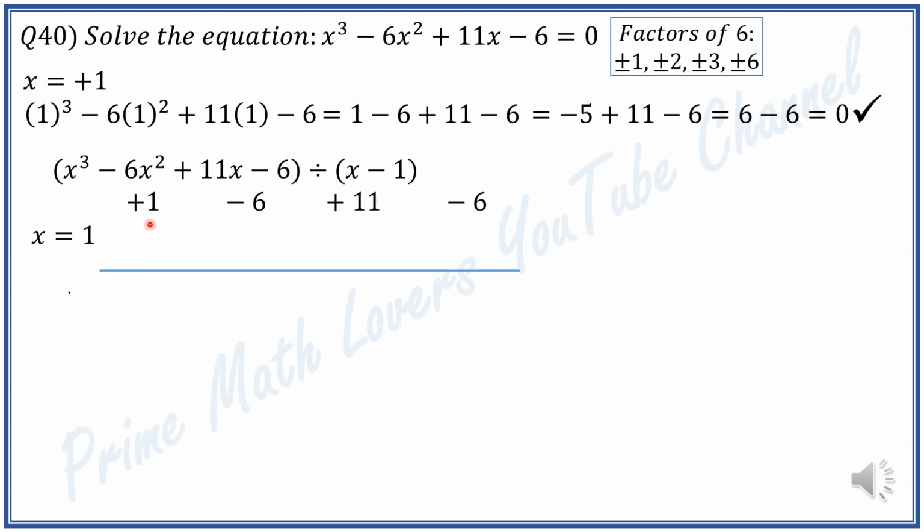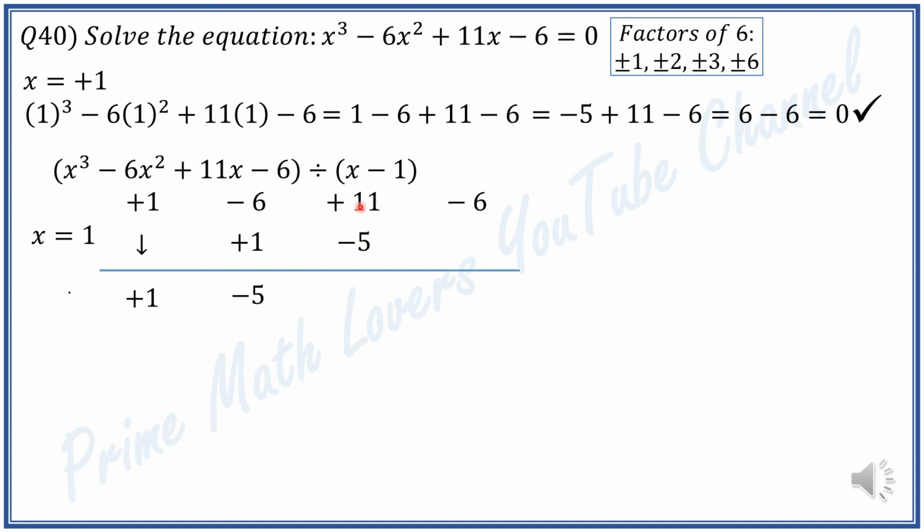Then bring down the leading coefficient, which is 1. Multiply 1 by 1 to get 1 and write it here. Add the second coefficient, negative 6, to 1, and we get negative 5. Negative 5 multiplied by 1 is negative 5, write it here.